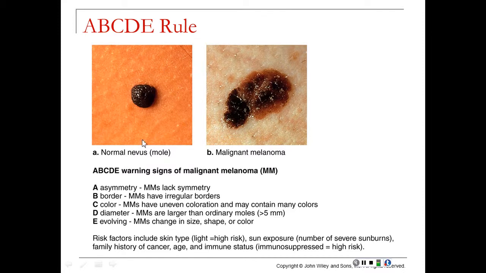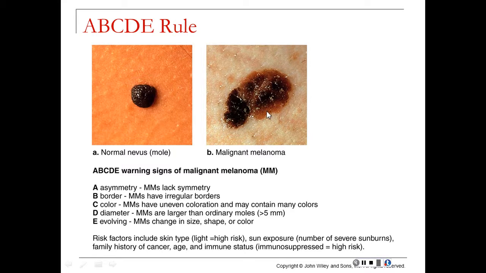They're nice and symmetrical, they have a nice clear border, the color is uniform, they have a set diameter that doesn't change, and they don't change in size. Whereas a malignant melanoma, you can see all of these various colorations, the border is kind of wishy-washy, it's very irregular, there's no regular diameter, it's very large, and you would assume that this may even be changing in shape within days or even weeks possibly.